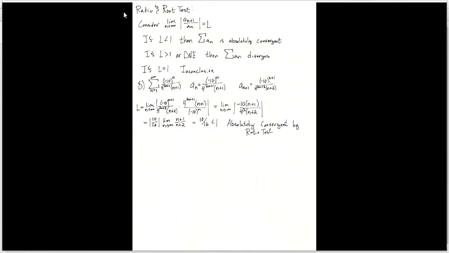So we've got here an example of the ratio test, and there's another test, the root test.